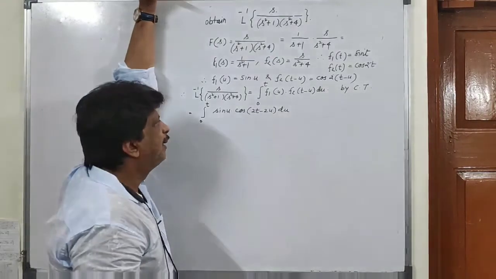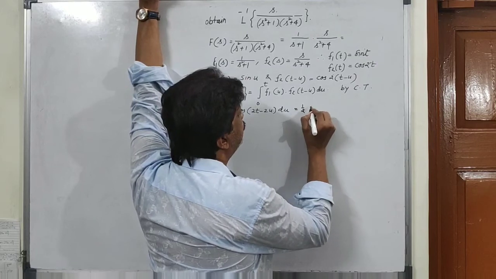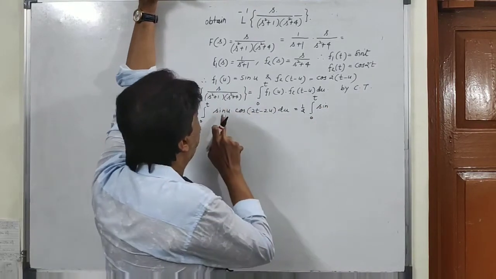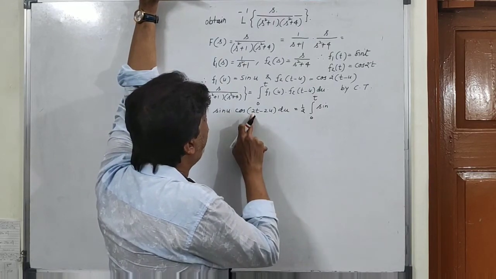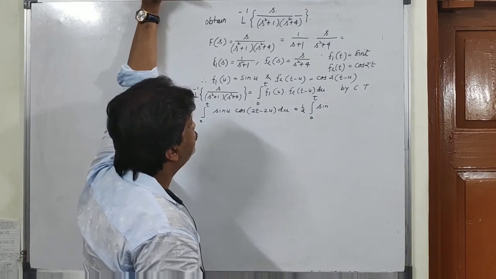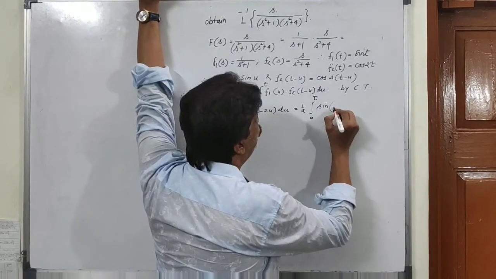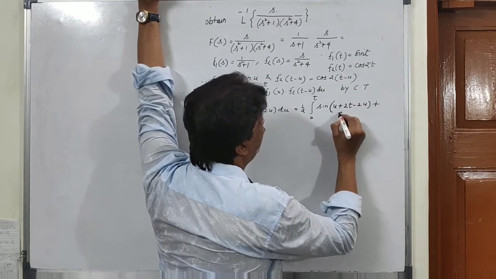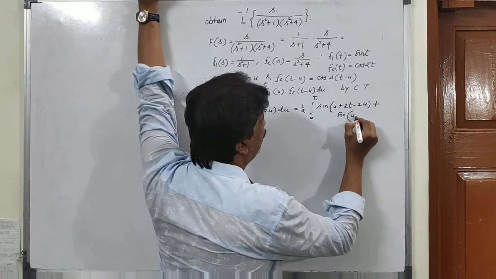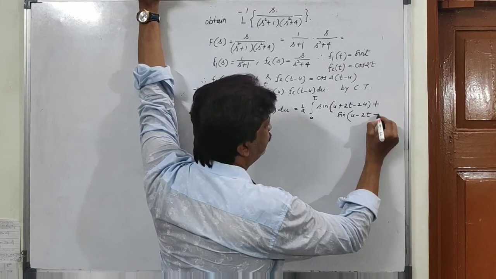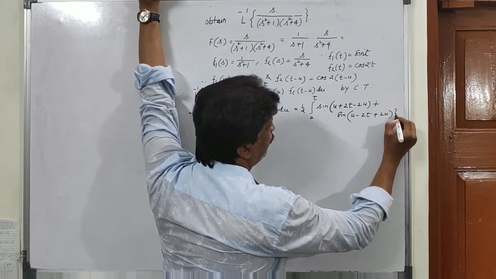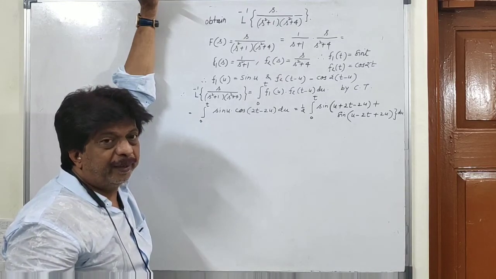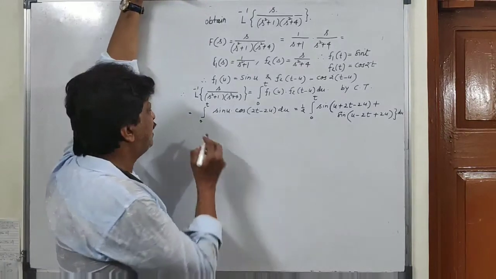Sine A cos B is equal to 1 by 2 times sine of A plus B plus sine of A minus B. I use just that simple formula.